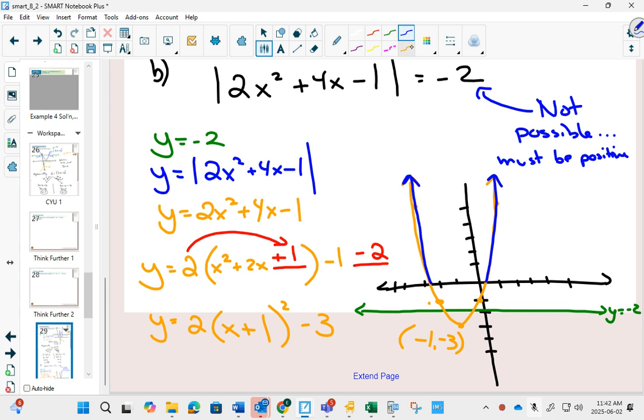And where it's negative, it would get flipped up. -1, +3. All right. All of that work to say, where does the blue graph and the green graph intersect? They don't. No solution. Now we've solved it graphically.